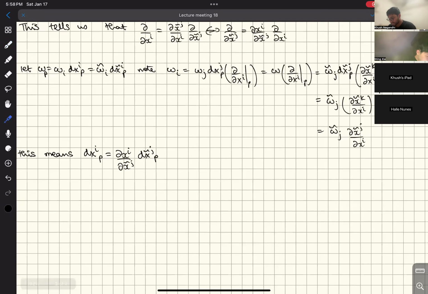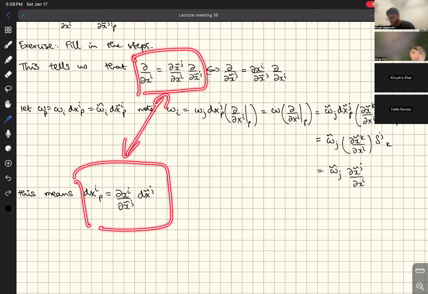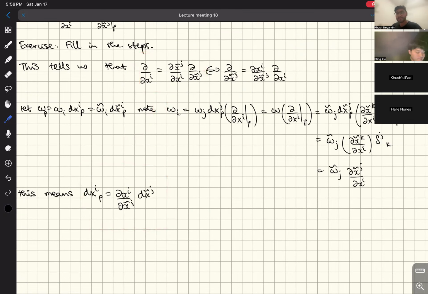If you plug this in here and here, you'll see what I mean. Okay, are we happy with the fact that tangent vectors and their duals transform dually? One transforms by the Jacobian, one transforms by the inverse of the Jacobian. Are we happy with that?